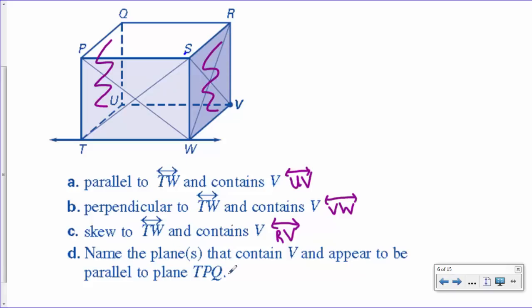Remember, we use three letters to name a plane. So in this case, V, R, S would be one example of a way to name it. We could also name it VWS, again, any three letters to name a plane.